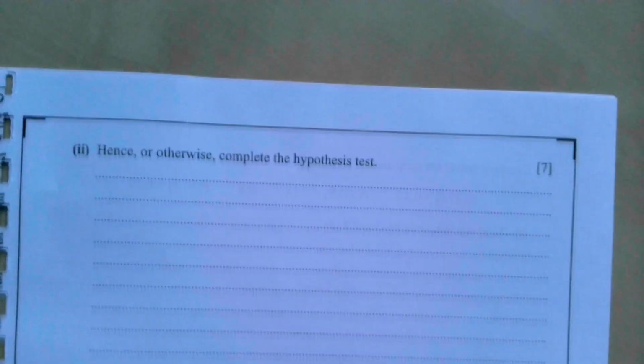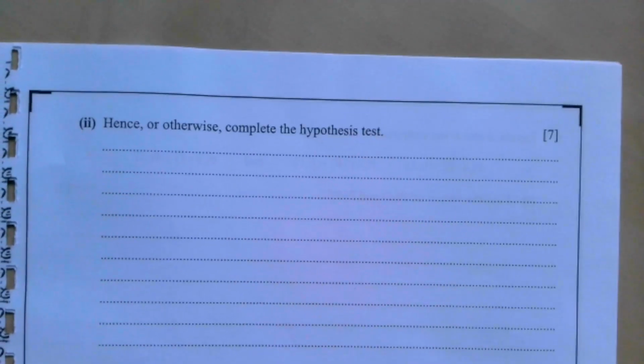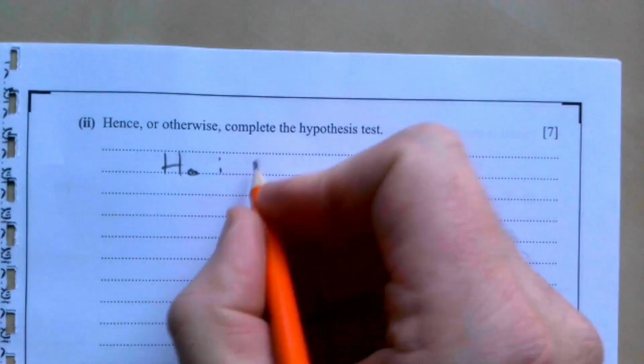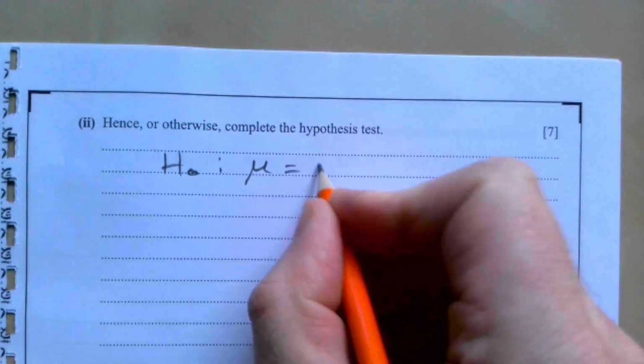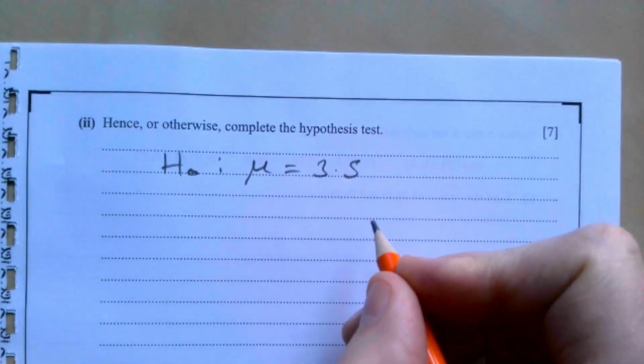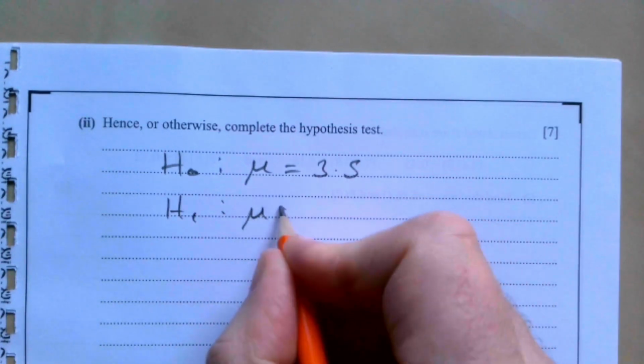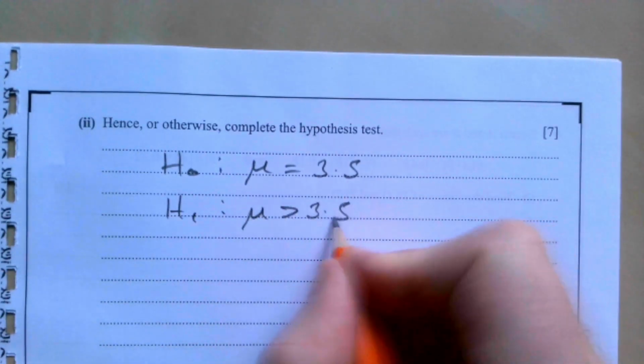Hence or otherwise complete the hypothesis test. So our H0 is that mu is as is and stays at 3.5. Our H1 then is that mu is greater than 3.5.